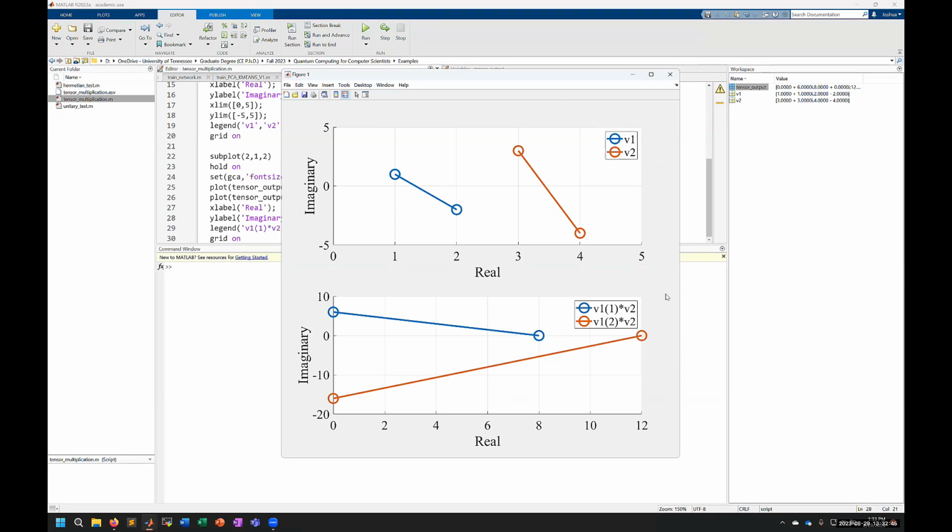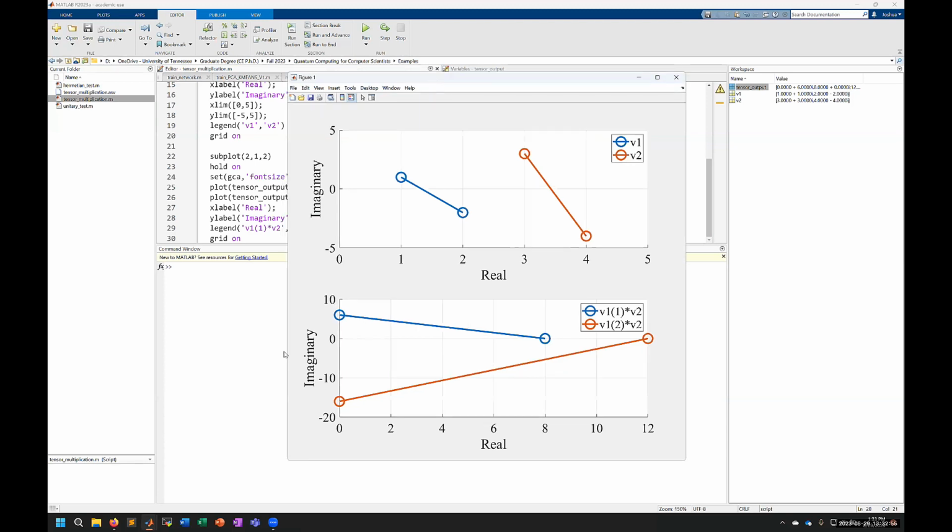Is that the real number times that? Shouldn't it be the real and imaginary component? Wait, can we actually do that? Hold on. I guess you could break it down. I see. Okay.